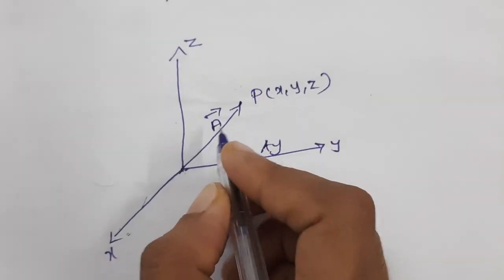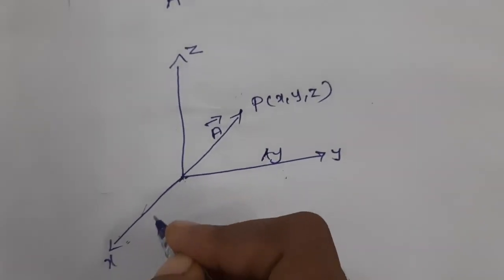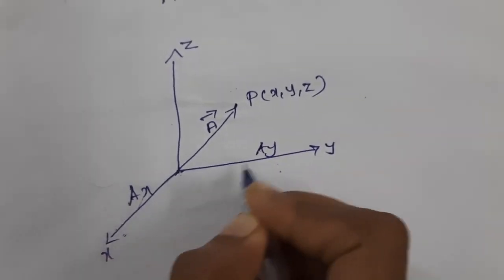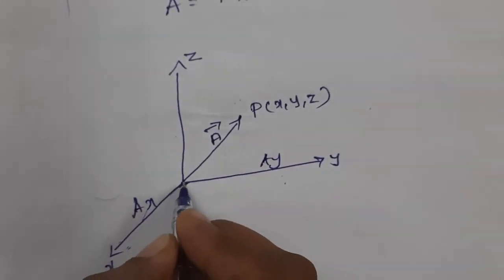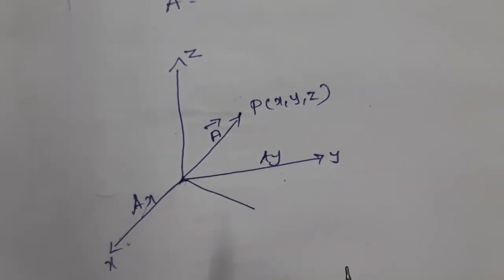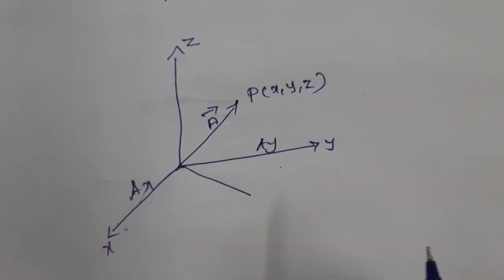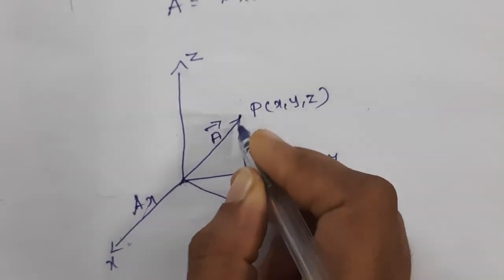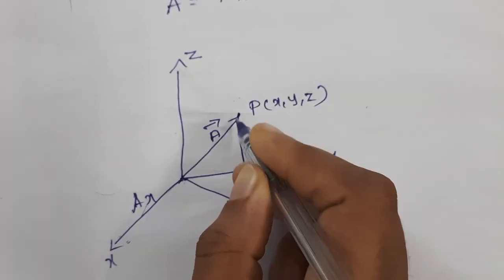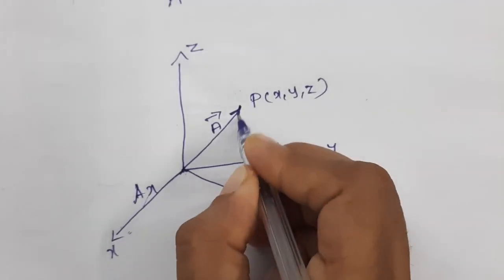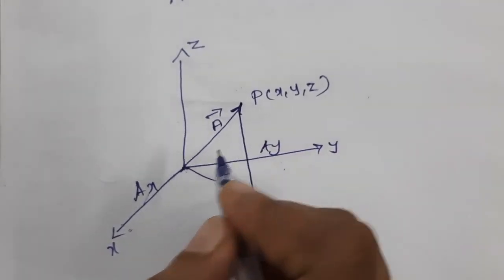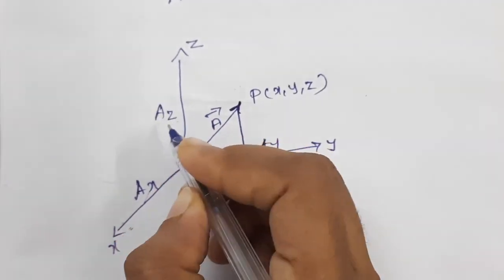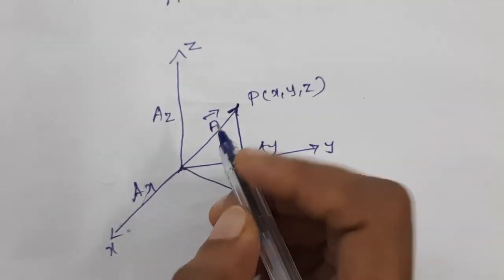The x component is Ax. Now the resultant of these two vectors is actually acting in this direction. Okay. Now, from this is the z coordinate. This is the position of the object. So the z component, that is Az, is acting here.